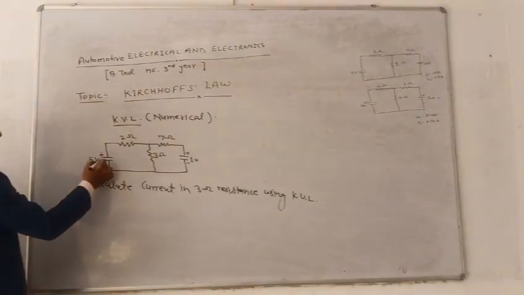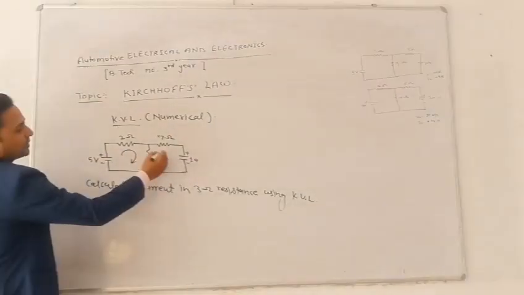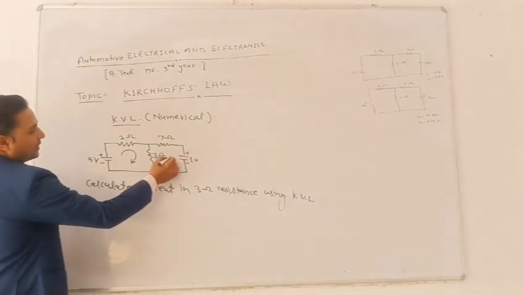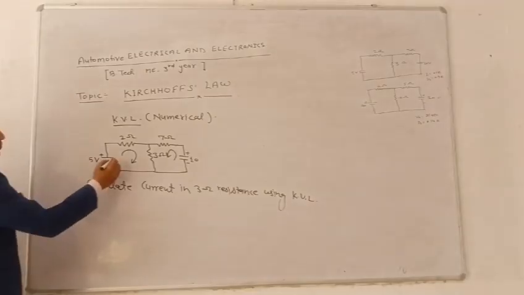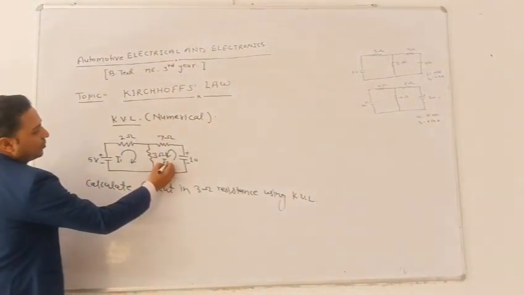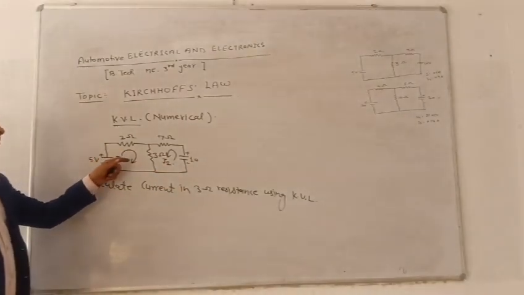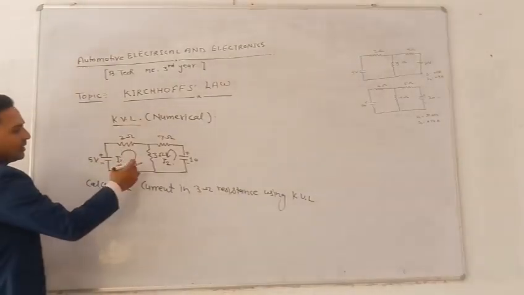Look here, there are basically 2 loops, first loop and second loop. So we can take I1 here and I2 here. Direction of the current you can take easily in such direction.